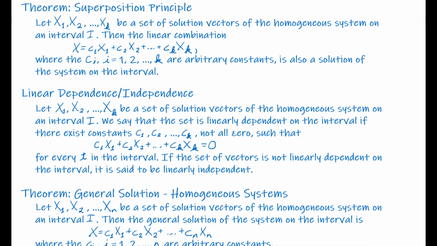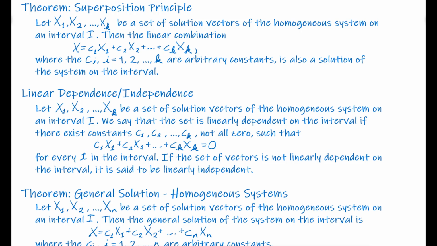And then we come back to this idea of, are solution vectors actually linearly dependent or independent? You've seen linear dependence again back when we were talking about higher order differential equations. So the definition hasn't changed any.